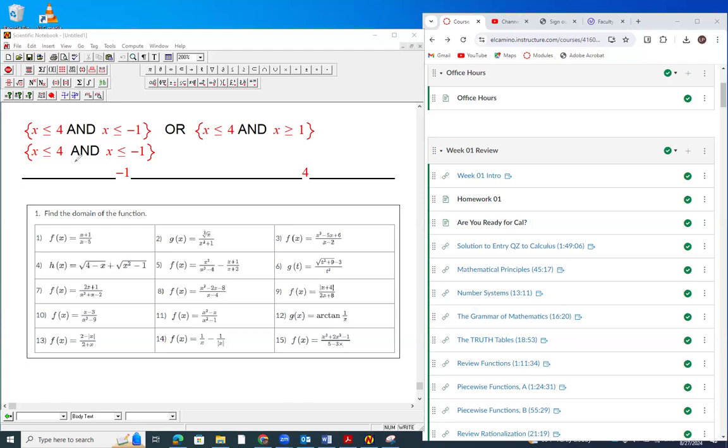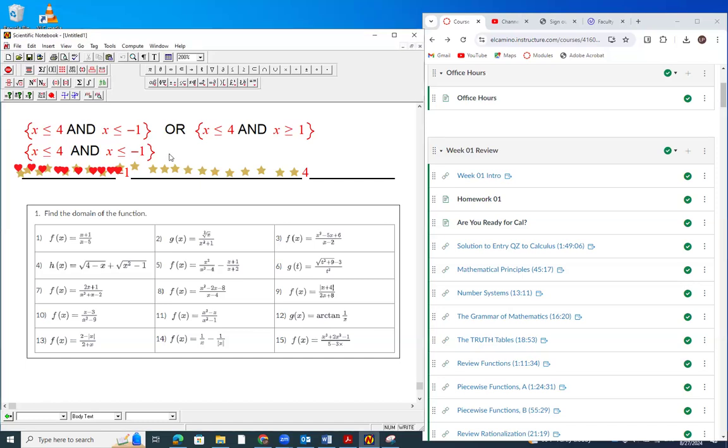Less than or equal to 4, meaning I'm going to put stars. All of these are less than or equal to 4, till forever. And for less than or equal to -1, so that's all of these. Anywhere that both symbols showed up, that's the result.